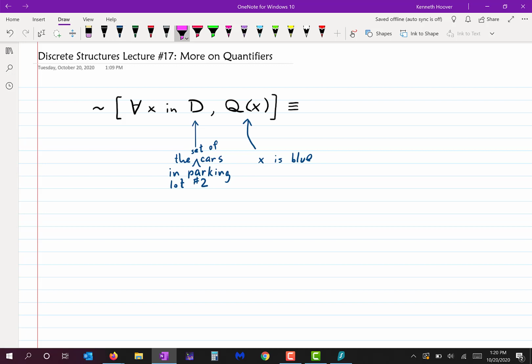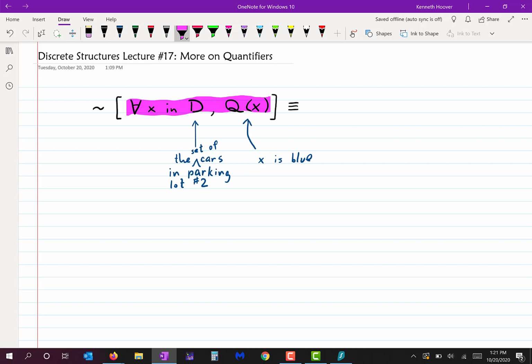Then this statement right here says every car in parking lot 2 is blue. It says for all x in the set of cars in parking lot 2, x is blue. So in other words, if x is a car parked in lot 2, then x is blue. Or in other words, every car in lot 2 is blue. Okay, that's what that says.